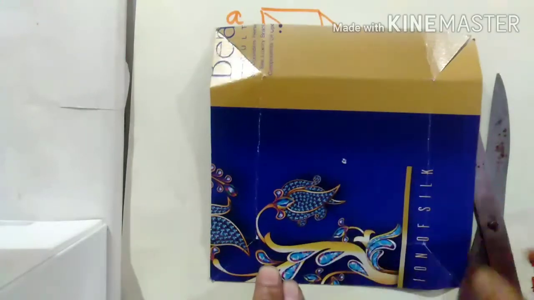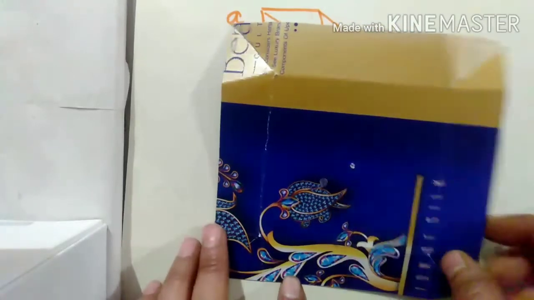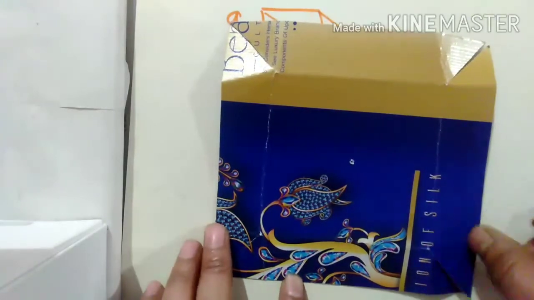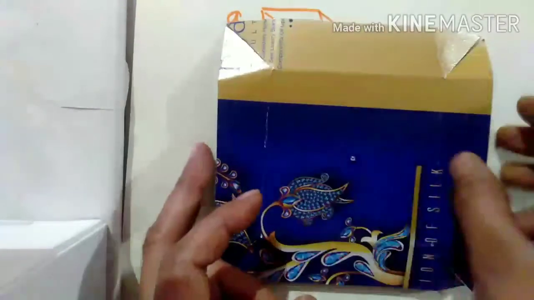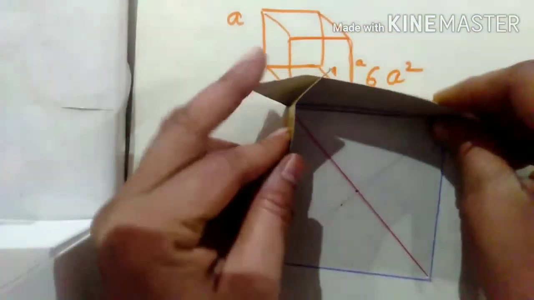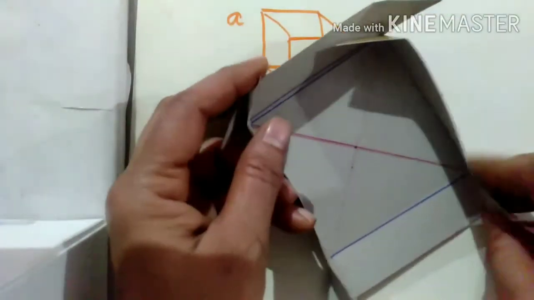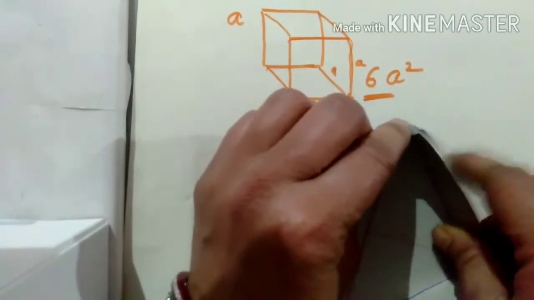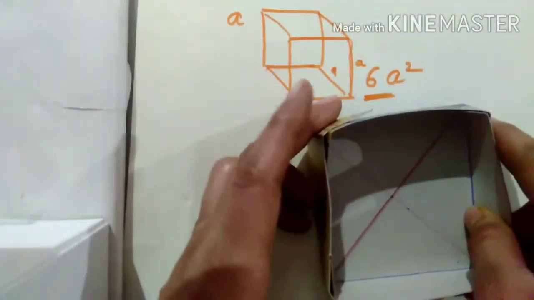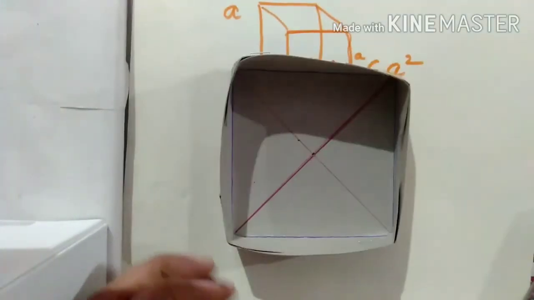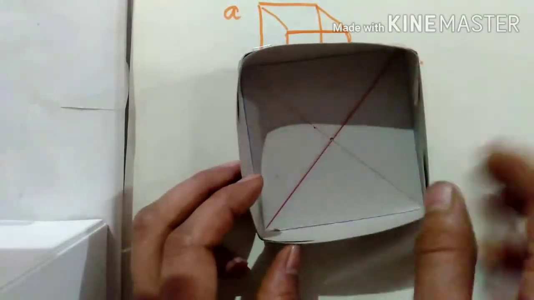Now see, this is a square shaped sheet of paper. Now if I cut by the corner like this, and then fold it in this way, this forms an open cube. So you can see that this is a cubical shape which is open from one end.